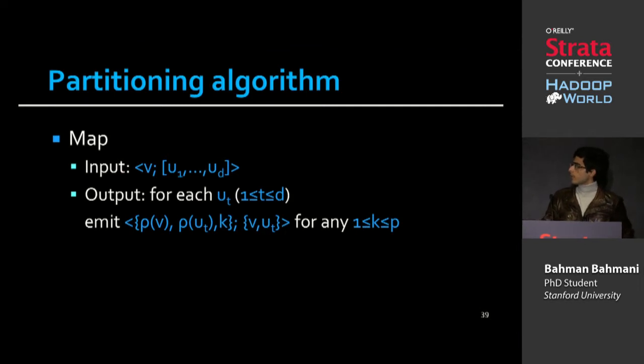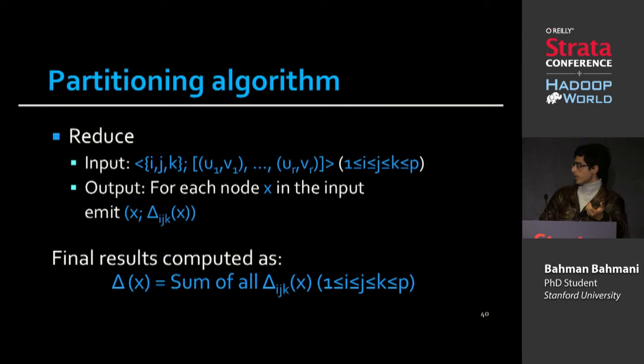And what the map outputs is that for each of these neighbors, it's going to send the edge between V and that neighbor to any of those triple subgraphs which correspond to rho of V, the partition of V, rho of U, the partition of that neighbor, and any other k, for any k from 1 to P. So that's any other partition, any other subgraph that includes that edge. Okay, so it's going to send that edge to any such subgraph. So that's what the mapper does.